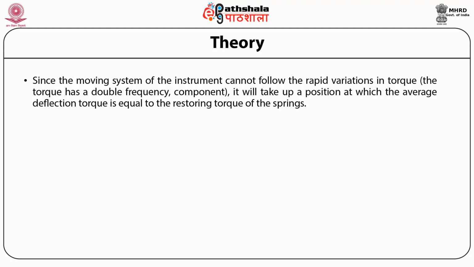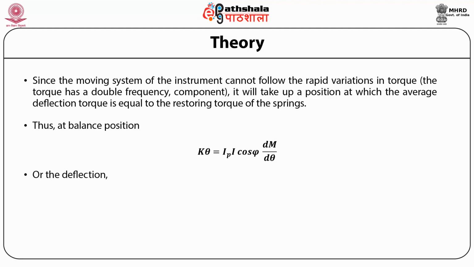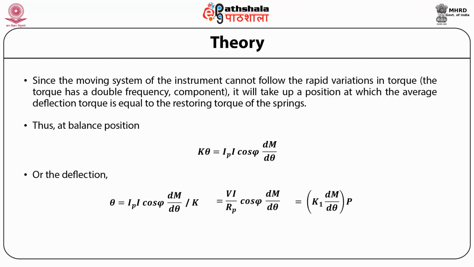It will take up a position at which the average deflecting torque is equal to the restoring torque of the springs. Thus, at balance position, kθ = Ip I cos φ dM/dθ, or the deflection θ is given by (Ip I cos φ dM/dθ) divided by k.